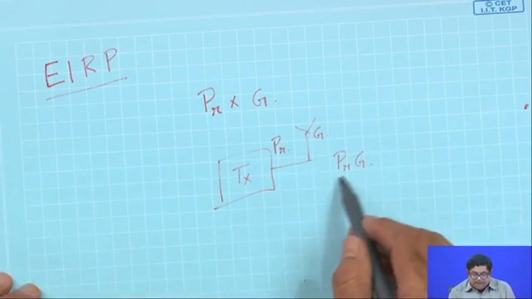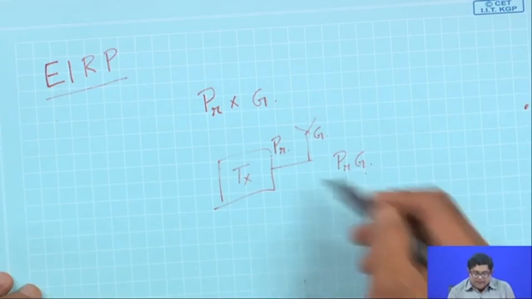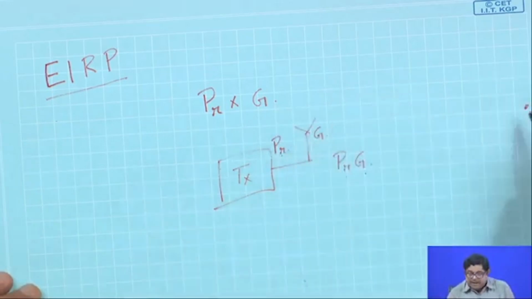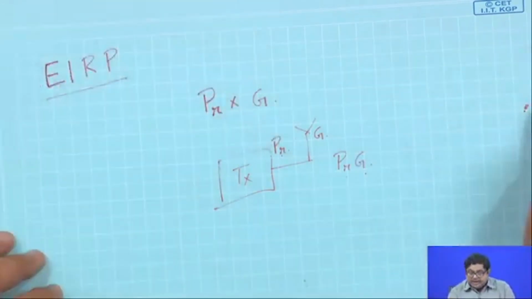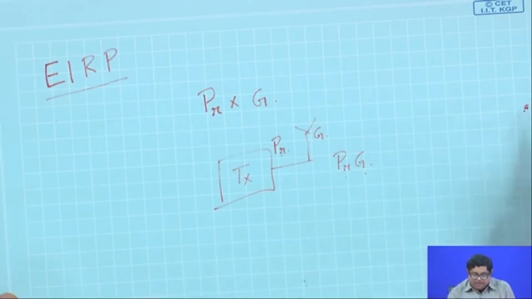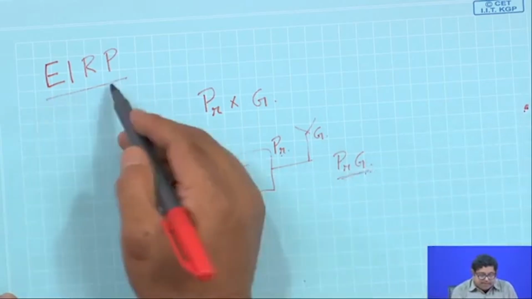That is why the term isotropic comes. So, total power given is PR into G. For an actual antenna the power given is PR, but it gets multiplied by the gain because it is a spatial gain. In this direction power is being jacked up by that amount, and this term is EIRP.